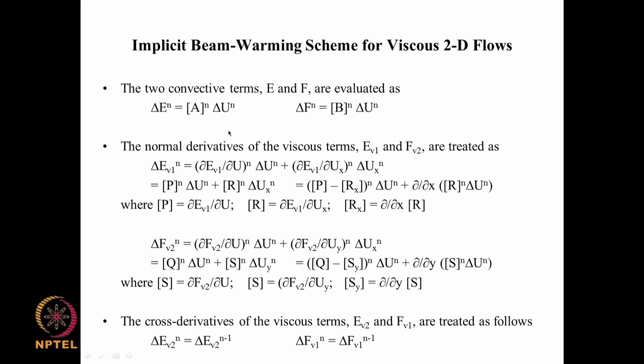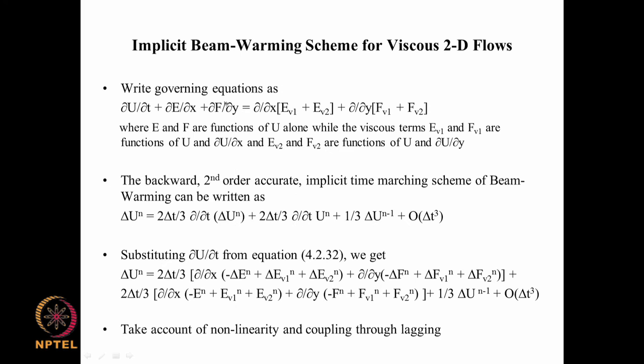So this enables us to take account of nonlinearity and coupling, and this is done for different terms, the convective terms and the viscous terms, in different ways, and that is what is summarized here. For the convective terms, that is E and F, which involve only U and not spatial derivatives of U like dou U by dou X, dou U by dou Y, those terms are not there in E and F, and that is the way that we have split this equation.